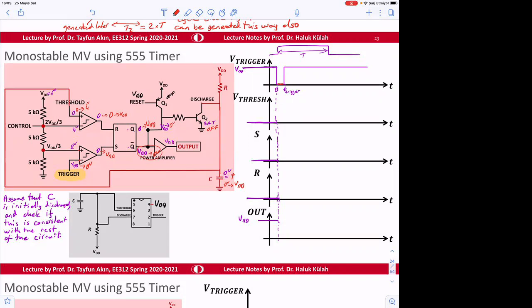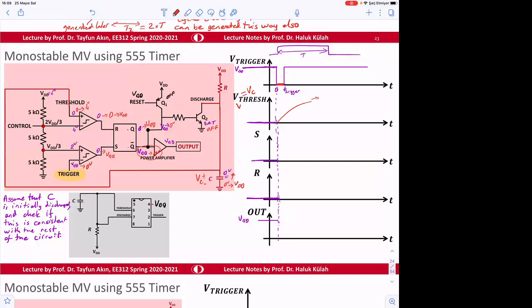So let's write this here. During the trigger time, what is the V threshold voltage? V threshold voltage is equal to the V capacitor voltage. So the threshold voltage is going to start to increase. And what is the goal of this thing?